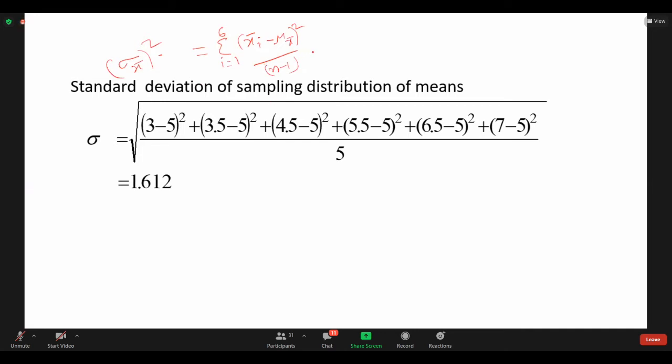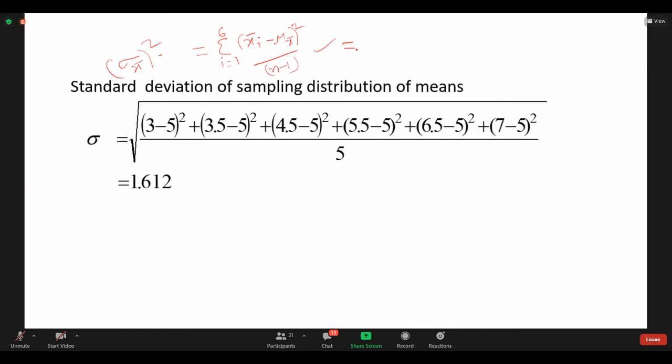As all of you see, this is the formula for the variance of the sampling distribution of means. Now, when you expand that, you can get it.